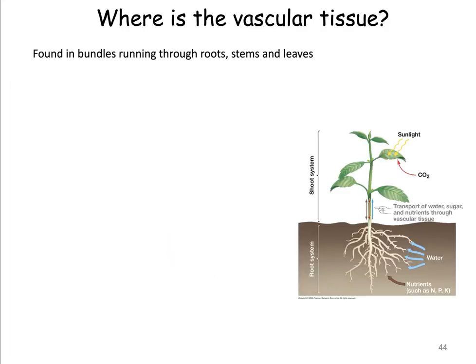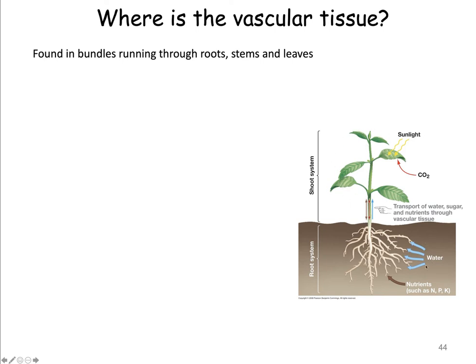Okay. So where is vascular tissue in a plant? Typically it's found in bundles running through the roots, stems, and leaves. If we look at this simplified diagram of a typical plant, you've got the below ground root system, and you've got the above ground shoot system. And that shoot system basically needs to get water and other nutrients from the soil.